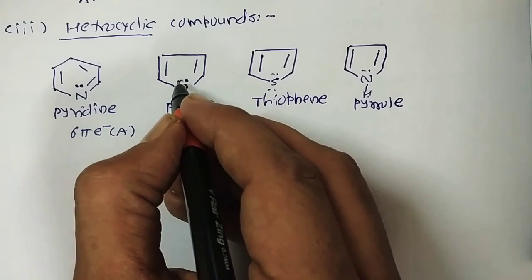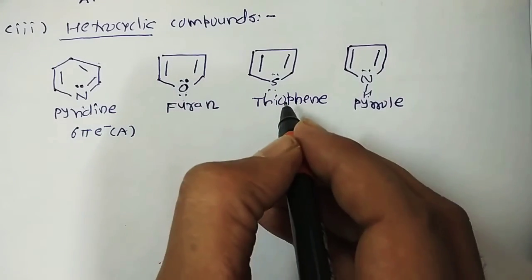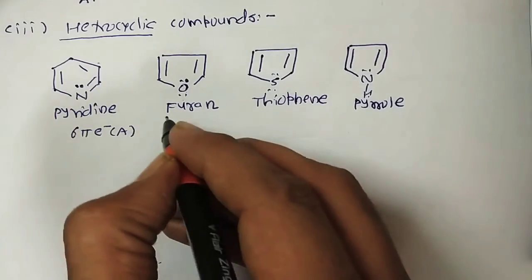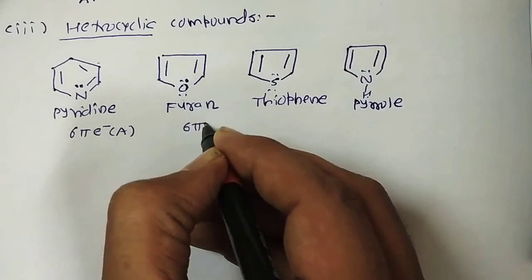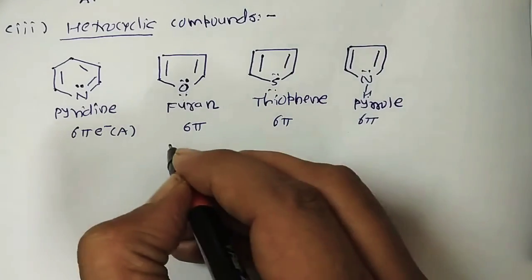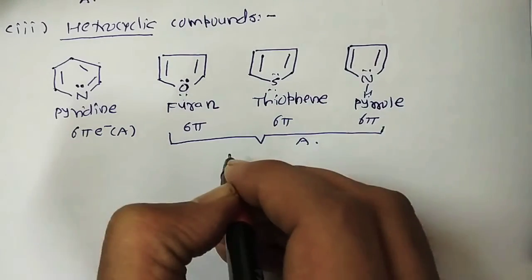So thus all the 3 five-membered heterocycles, furan, thiophene and pyrrole, have a single cyclic electronic cloud containing 6 pi electrons. So they are aromatic in nature. All these 3 are aromatic in nature.